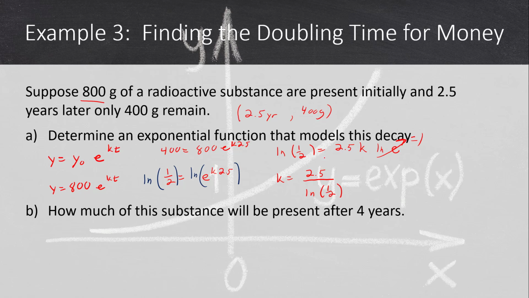And if you compute that, you will get that k is equal to negative 0.27726. And I wrote it to 5 decimal places just to play it safe. And that means that our model is going to look like this. It's going to be y is equal to y naught, which is 800, times e to the negative 0.27726 times t.